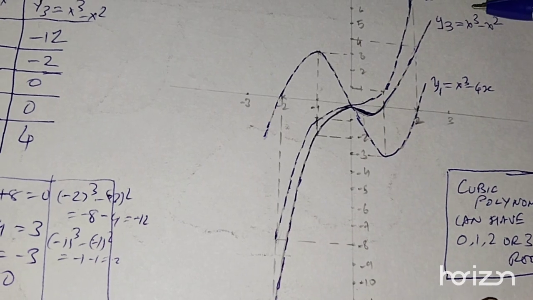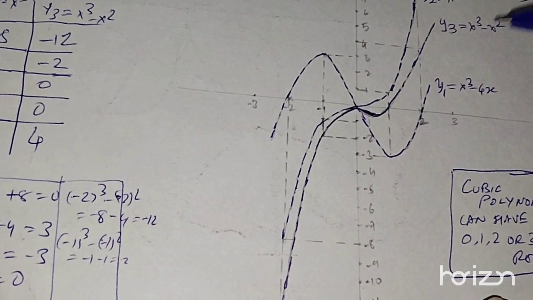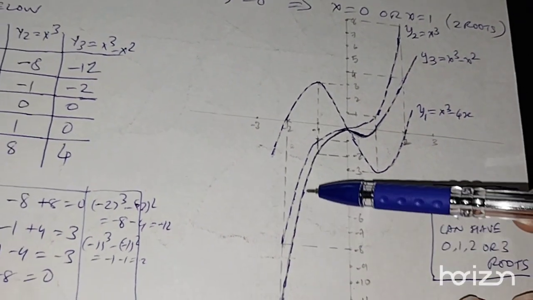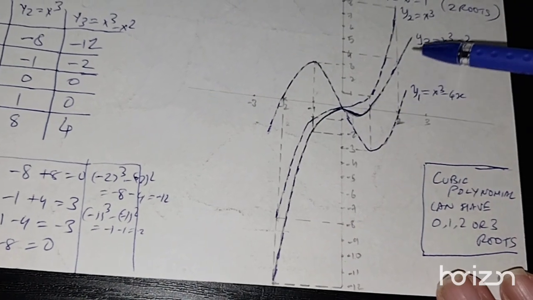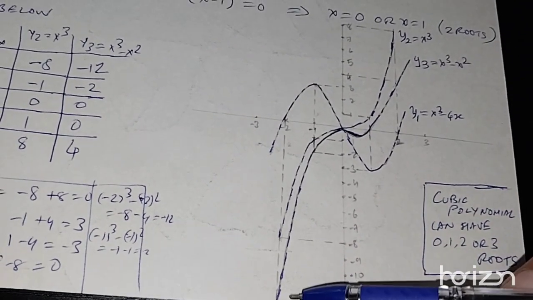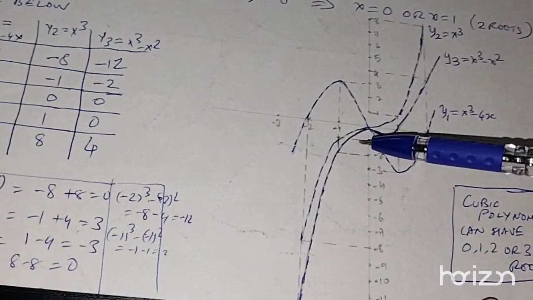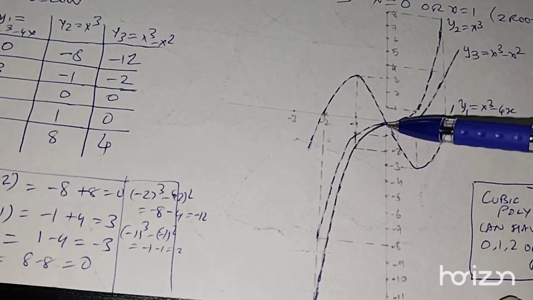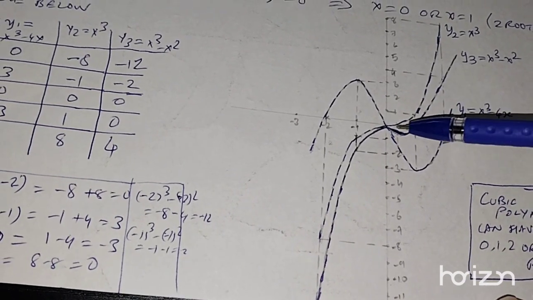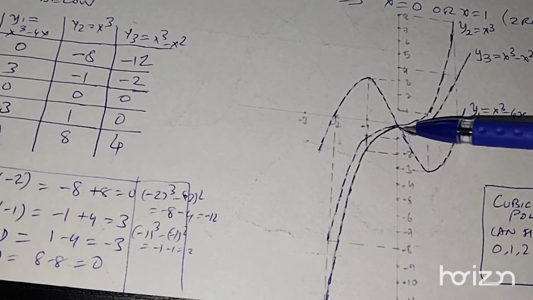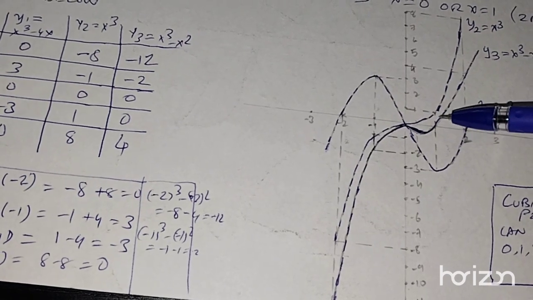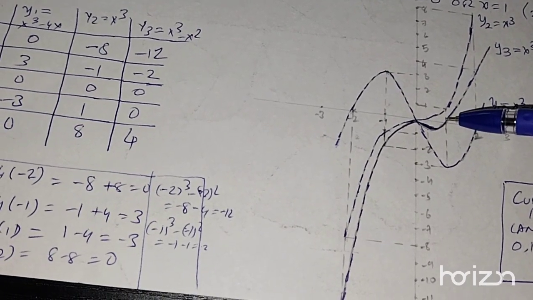Okay, so when you plot for x cube minus x squared, you can see this curve here. This one, x cube minus x squared. This curve touches the x-axis at x equal to 0, and another time it cuts the x-axis at x equal to 1.